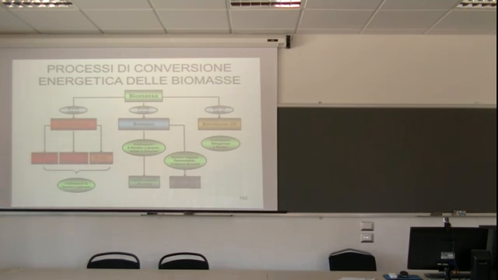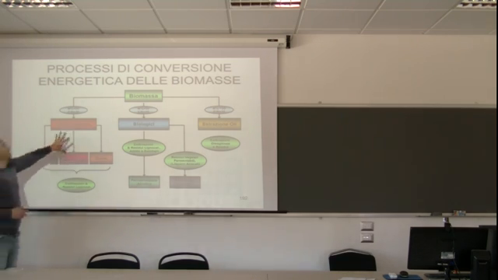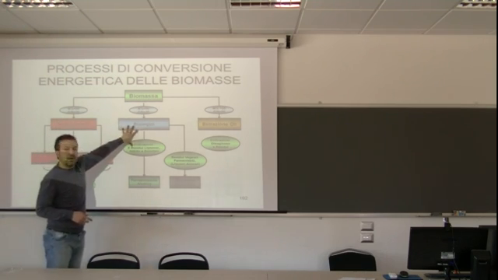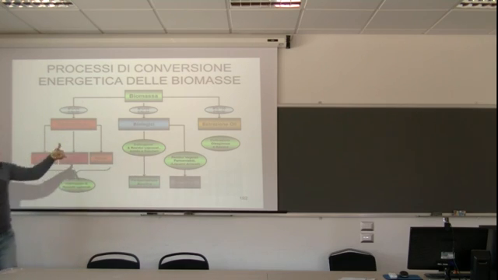Because till now I've shown you some biomass that are good for thermochemical processes and some biomass that are good for biological processes. Why should you find pathways that use lignocellulosic biomass also for biological processes? The answer is very simple.